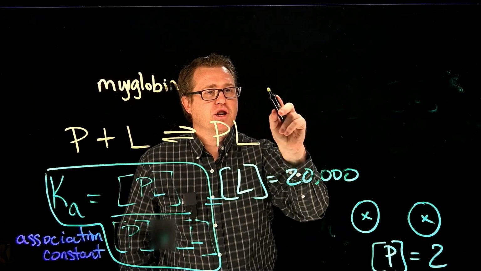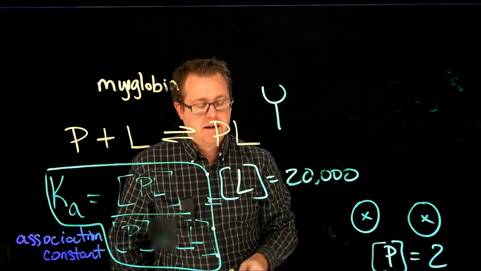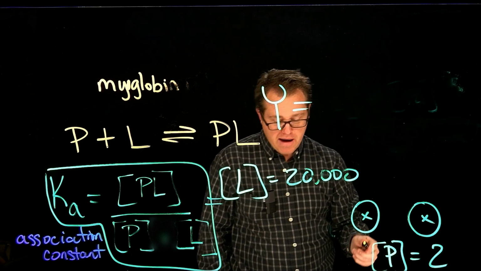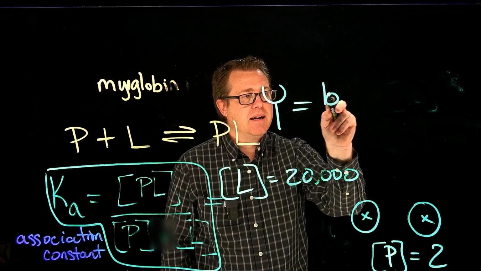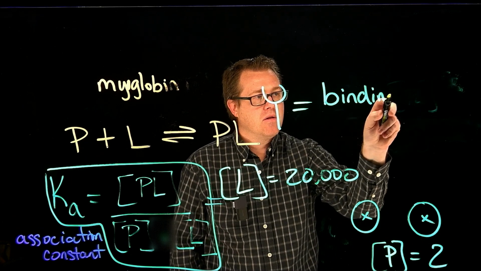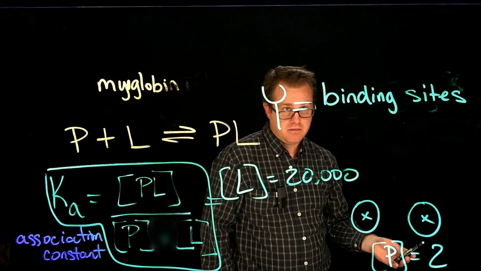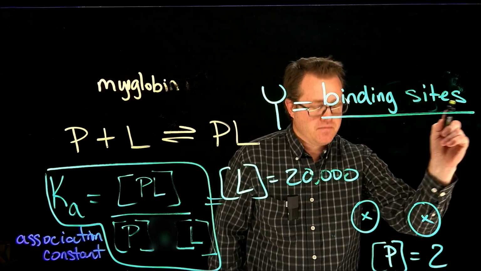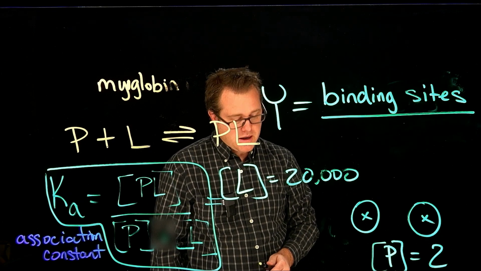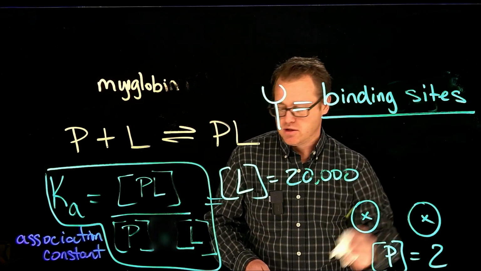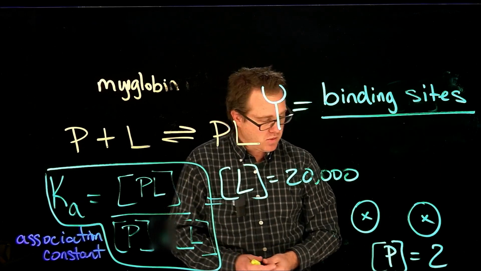We're going to use this term y, okay? And that is just going to be a variable that describes the fraction of the binding sites within the protein. Binding sites, oh, I missed it. We're going to need some more space, so I'm going to erase this board.